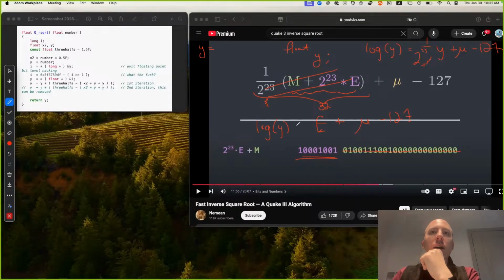The log of y is not equal, it's approximately equal, because that's where this mu thing came in. We dropped the log.